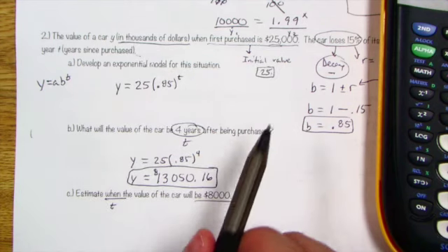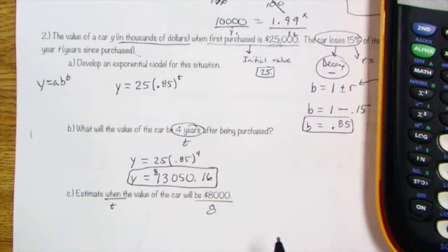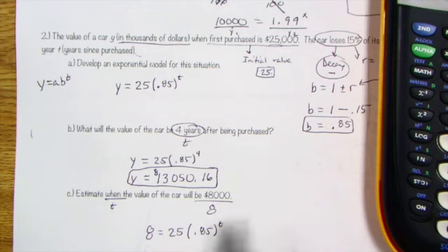That's why this represents 25, and that's why this is going to represent 8, not 8,000. So y will be 8, which actually is 8,000, equals 25, which is actually 25,000, times 0.85 to the t power. So all I do is plug in 8 for my y value.